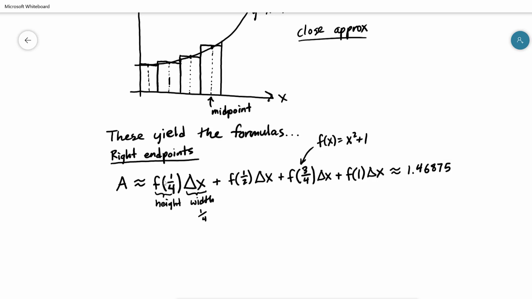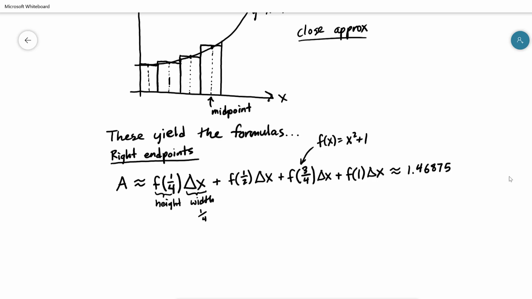So again, just evaluate the function at these x coordinates. Those are the x coordinates of all the right endpoints. They will give you all the heights that we need to use for our rectangles. The widths are all going to be a quarter because we split that region up into 4 equal sections, and it was a region that started at x equals 0 and ended at x equals 1. So this is our approximation.